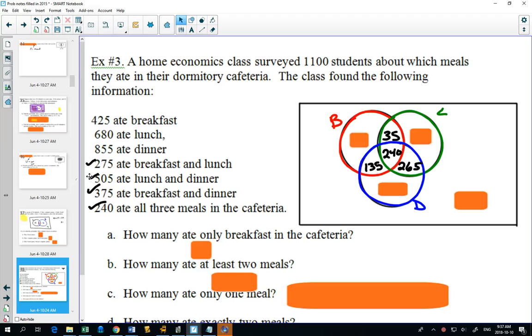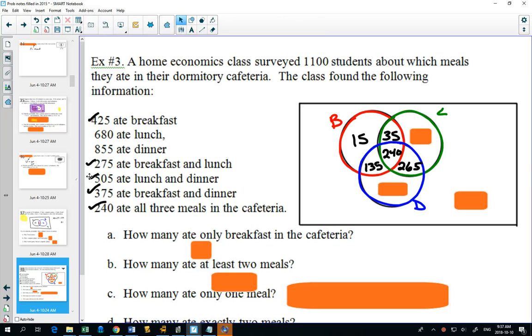Now the first pieces of information, 425 ate breakfast. That means all the sections in the red circle have to add up to 425. So you do 425 minus 35 minus 240 minus 135, and we would get 15 in that section. Same thing. 680 ate lunch.